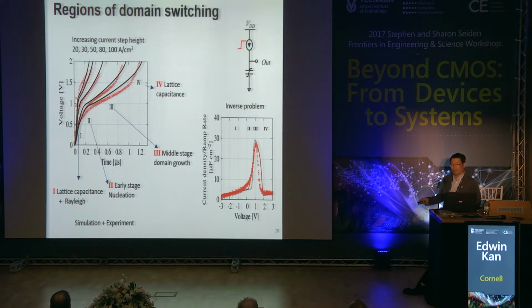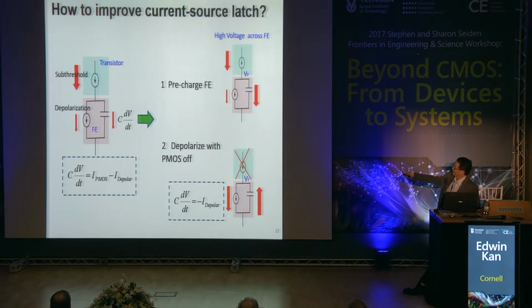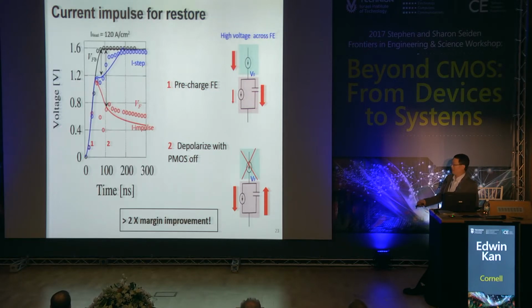Then you can easily do a modification to these transistors. Instead of using a constant current source, just give a current pulse. You can change the switching from the original to F bar switching in the other direction.